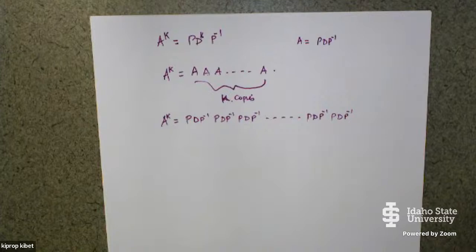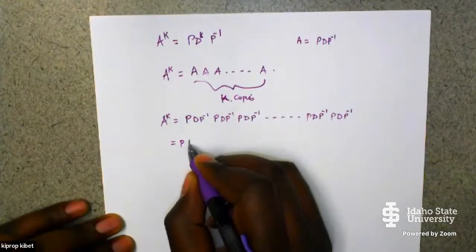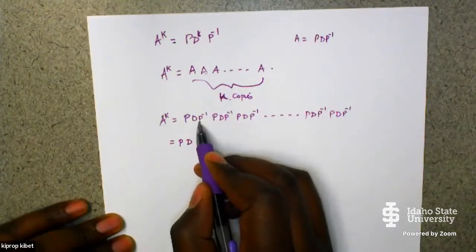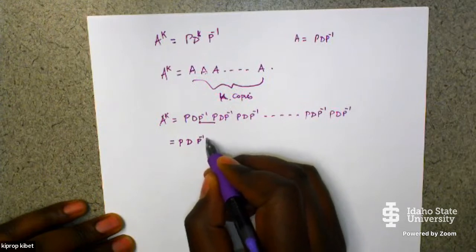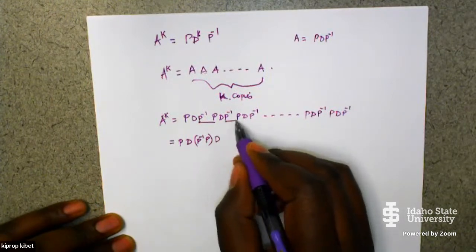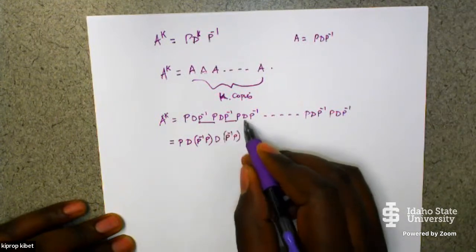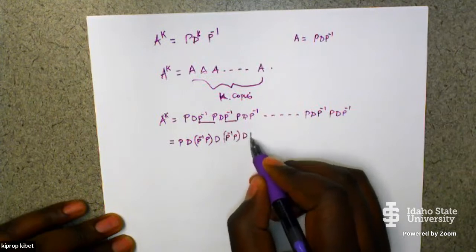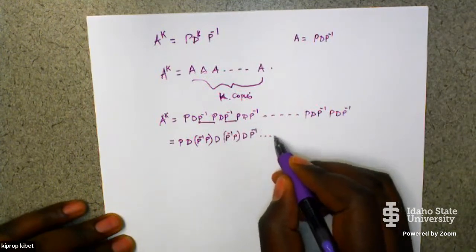Now, this is similar to PD. Look at this: P, and then P inverse P, right? And then D here. We have this P inverse P, and then D here. There is another P here. You continue like this.